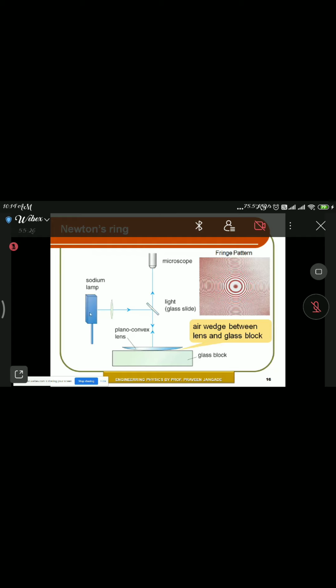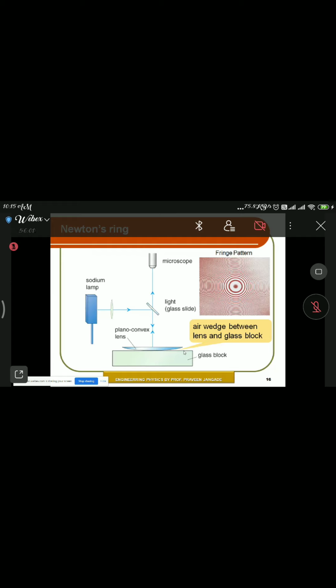You can see the source of monochromatic light, that is a sodium lamp, then there is a convex lens, the glass slide, that is a light reflector, and the microscope. All remaining parts are the same, only instead of a simple glass slide, here there is a plano convex lens, mounted on the glass block. After mounting, the plano convex lens makes contact at the center point, and at the sides a gap is formed.